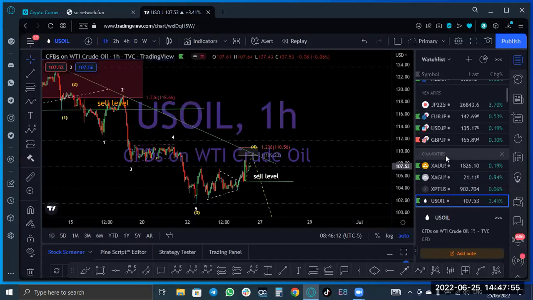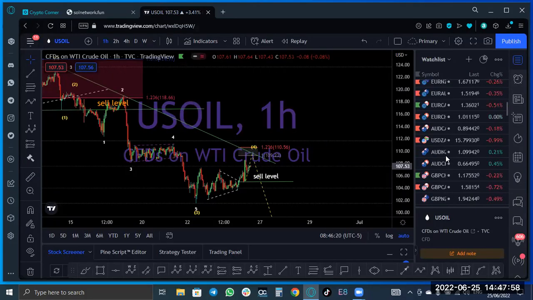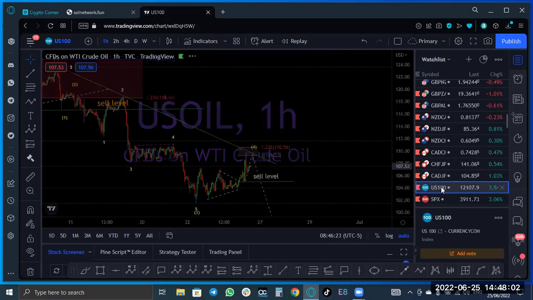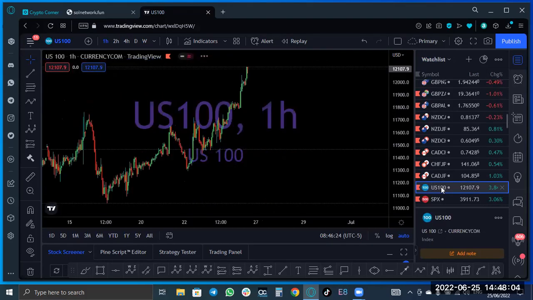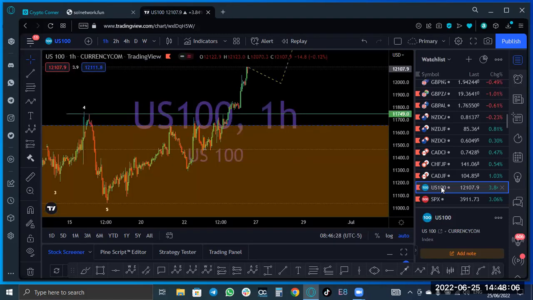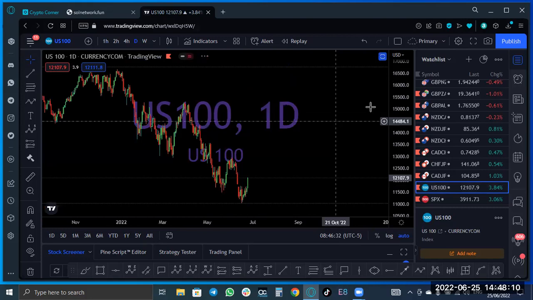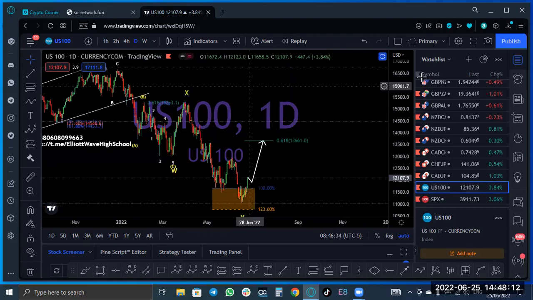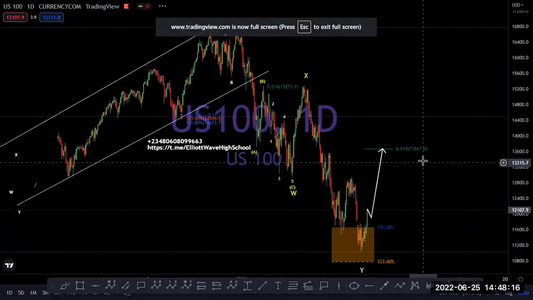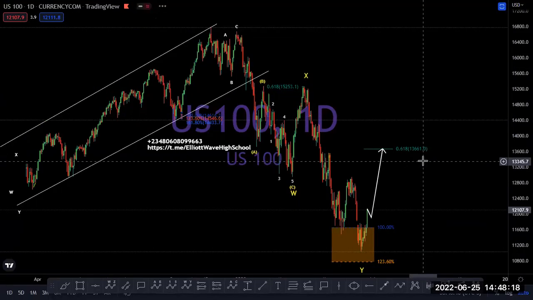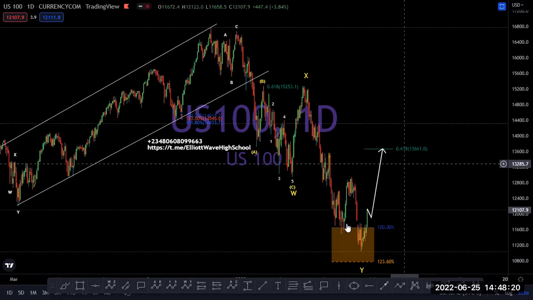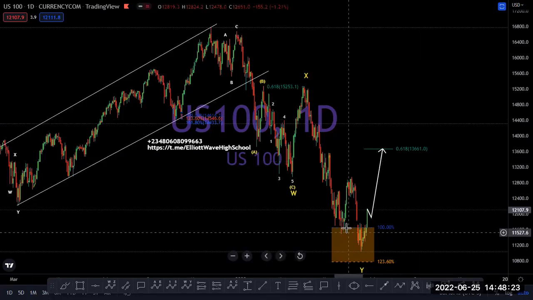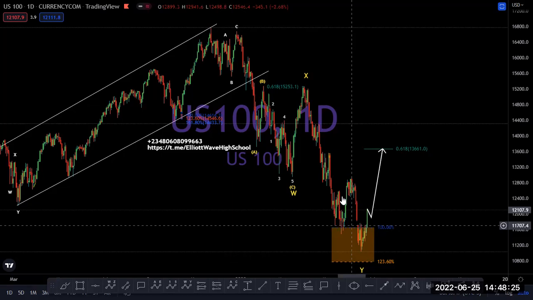Let's go to NASDAQ. NASDAQ, let's see daily. Whatever is happening on NASDAQ is happening in other indices, so beware of that. Remember, we have been battling with the reversal for weeks now.